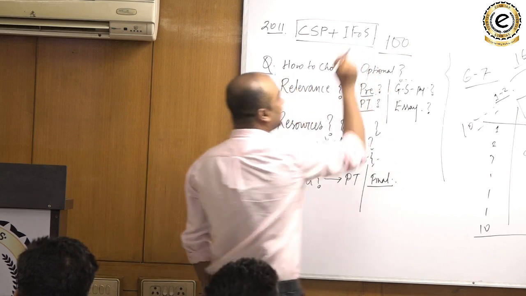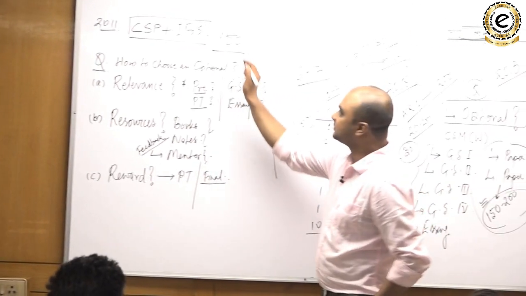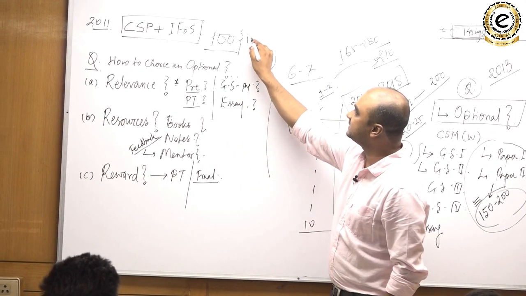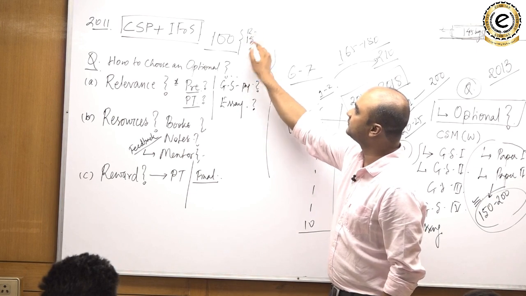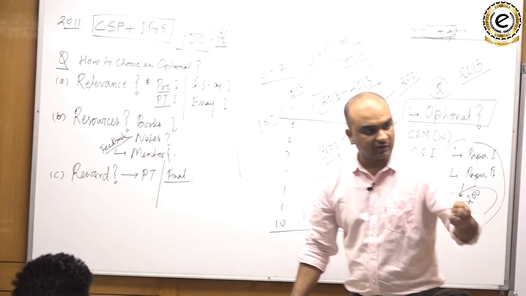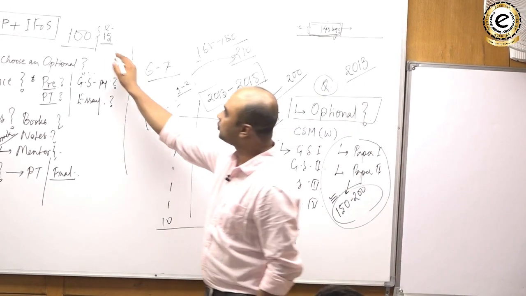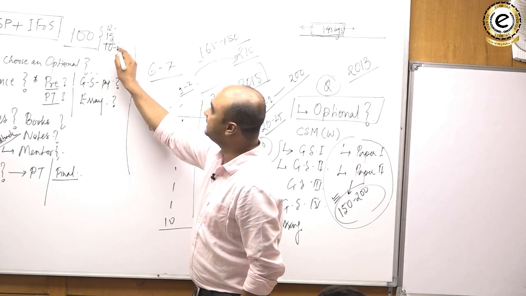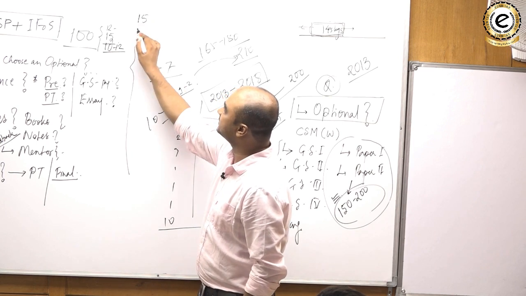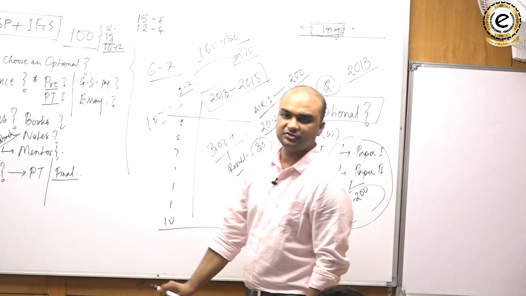And if there is forest services, will there be environment? So you would see that this is a general feature, that there are at least 12 to 15 questions from environment. Is geography a part of the GS paper? Yes. So therefore geography also has nearly 10 to 12 questions. So let me take the upper brackets, 15 from environment, 12 from geography.